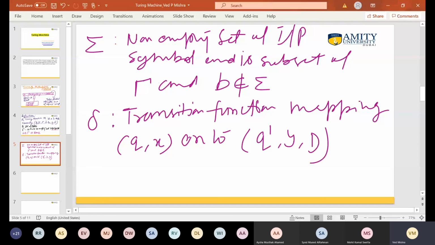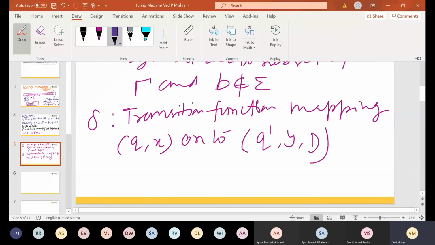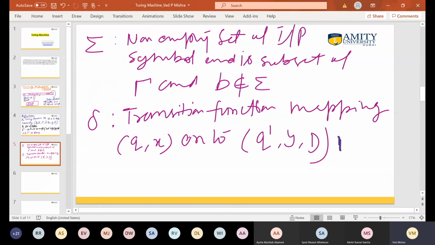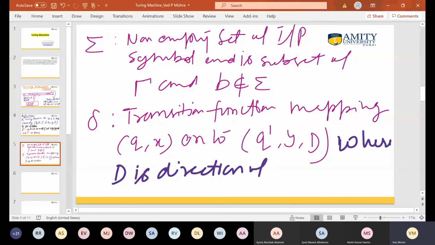Now what is D here? D is the direction of movement, which I was just talking to you about.